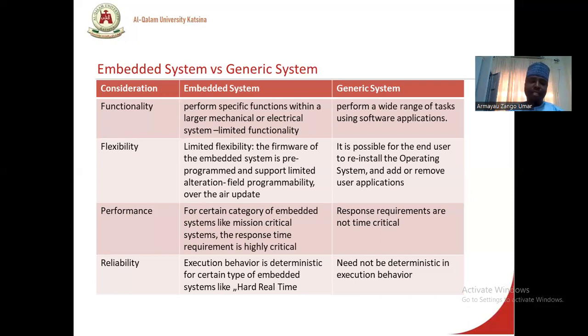This is similar to the last consideration, which is reliability. That is, execution behavior is deterministic. We want to be sure that this system is executed the way it's meant to be. That's why so many analyses are done for embedded system specification. But for generic systems, the behavior is not completely deterministic.